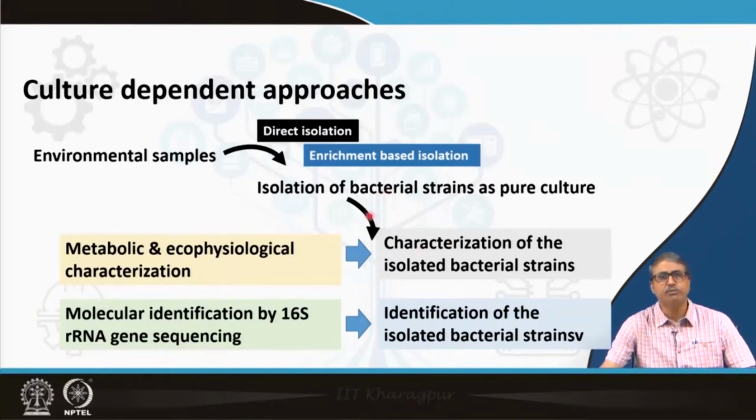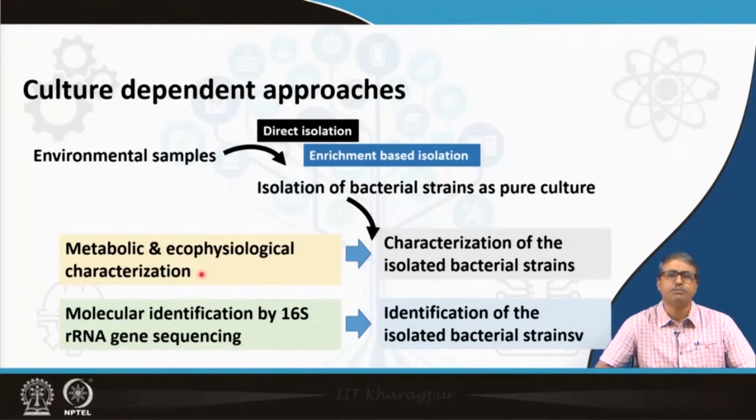Now, as soon as we have those pure cultures or pure organisms, maybe 10 in number, maybe 20 in number, maybe hundreds in number, depending upon the sample and depending upon our research objectives, we can try to isolate as many strains as possible. And eventually those organisms, those individual colonies, those individual strains are subjected to characterization, and this characterization basically includes the metabolic and ecophysiological characterization.